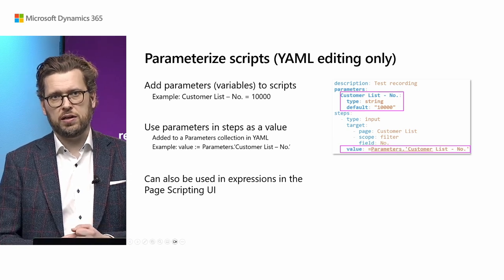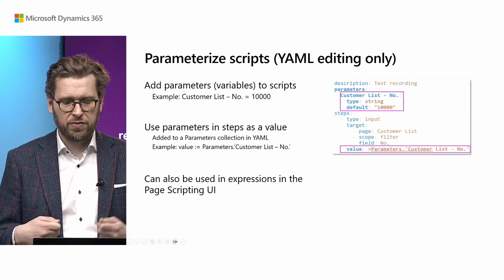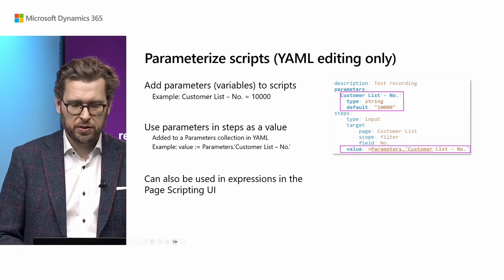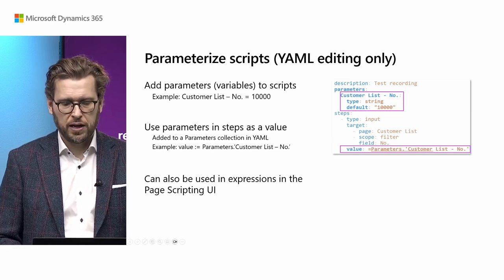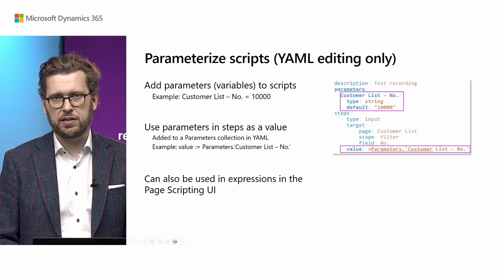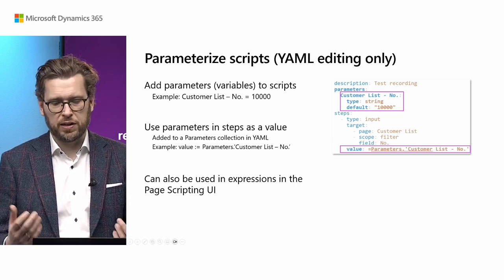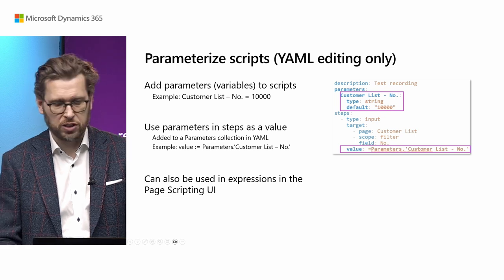Here in the step shown, we set the value by looking up in the parameters collection and picking out the customer list number from there. And that will then, of course, insert 10,000 when we execute this script. And as I said, you can use this in the expressions in the UI as well. So you could do the same parameters customer list number from within the UI.